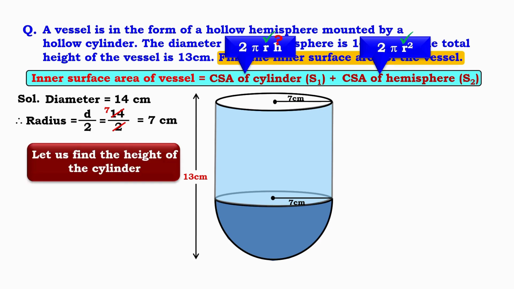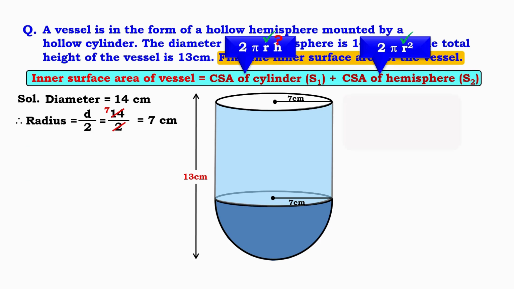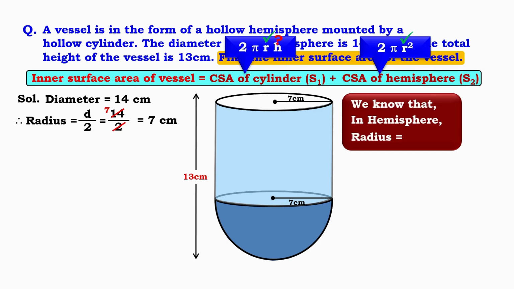Now let us find the height of the cylinder. So if you take a look at the hemisphere, the radius and height is same. So that I have shown with the help of the diagram. So for the hemisphere, the height and the radius is same. So that is 7 centimeter. So the rest will be the height of the cylinder.